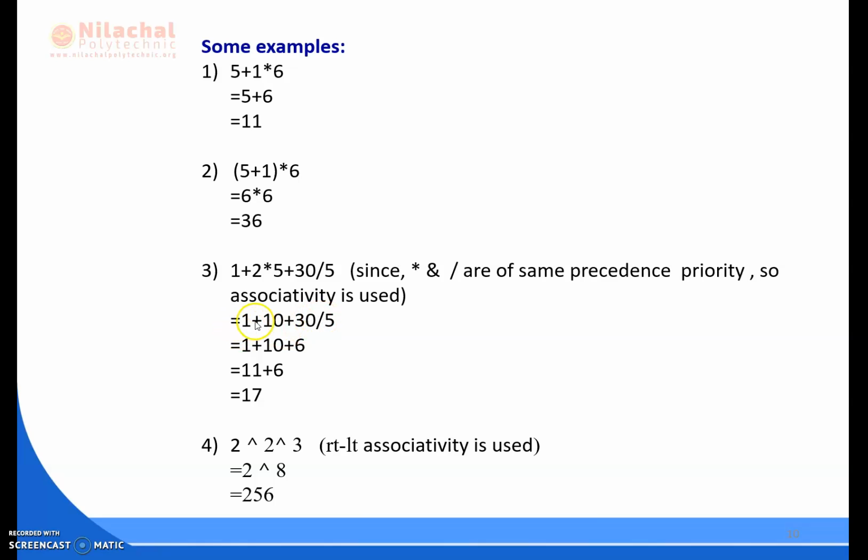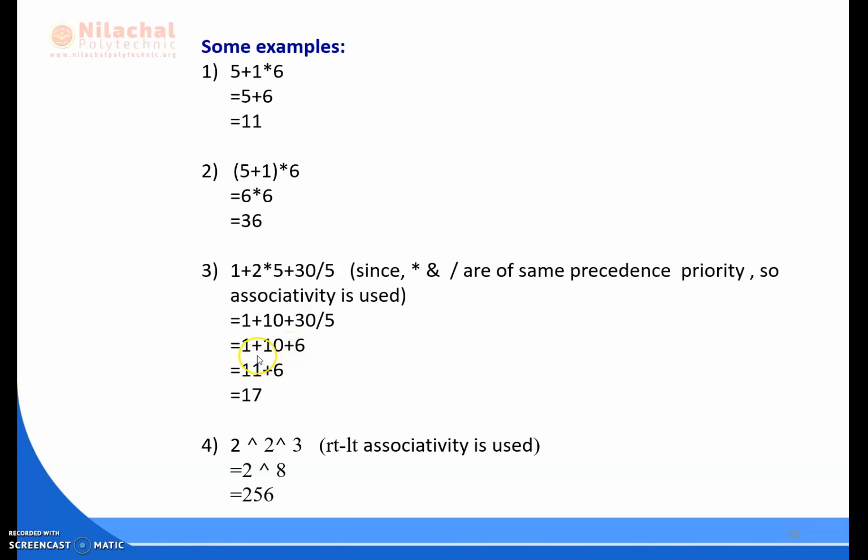Then we have a plus sign, another plus sign and one division sign. Obviously, in between plus sign and division sign, division is of higher priority. So next 30 divided by 5 will be solved as 6. Now we have plus and plus of the same priority.